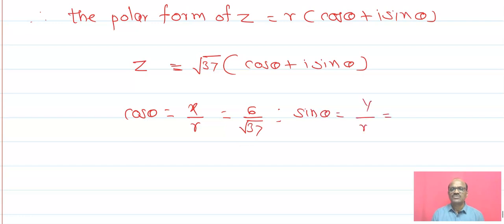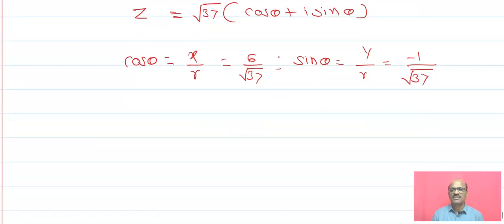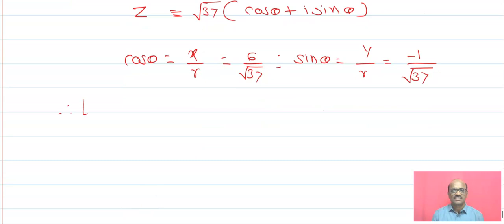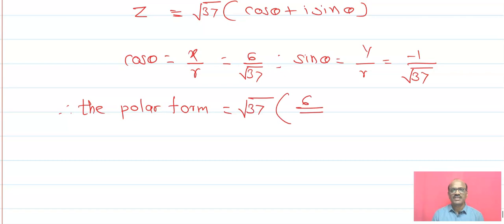Sin theta is equals to y upon r, that is minus 1 upon root of 37. The polar form is root of 37 in bracket 6 upon root of 37 minus 1 upon root of 37 i into i.